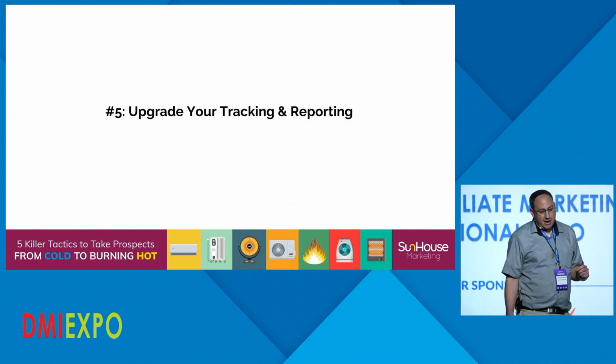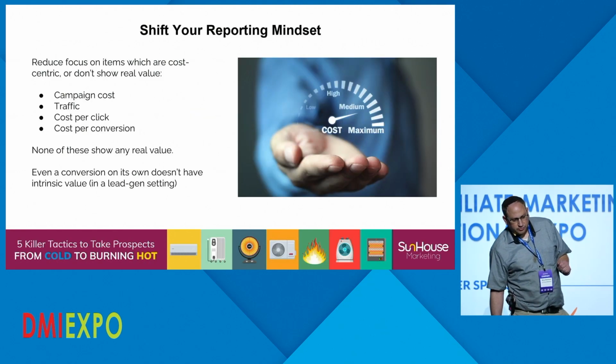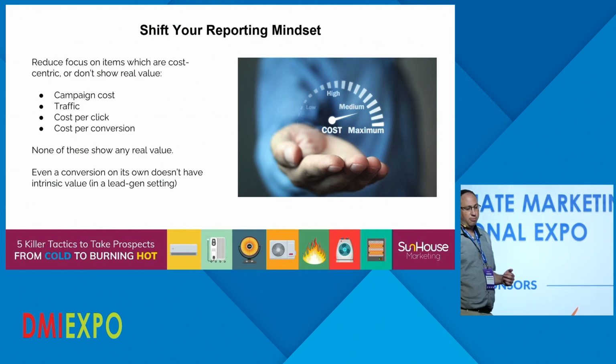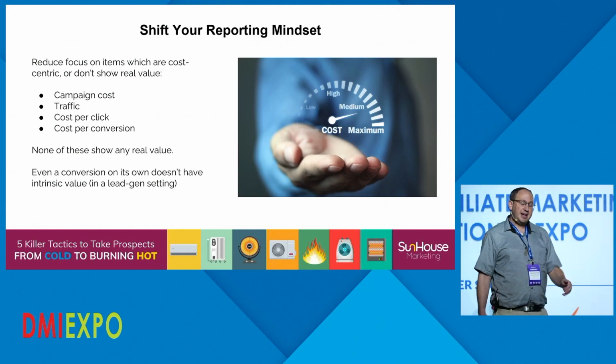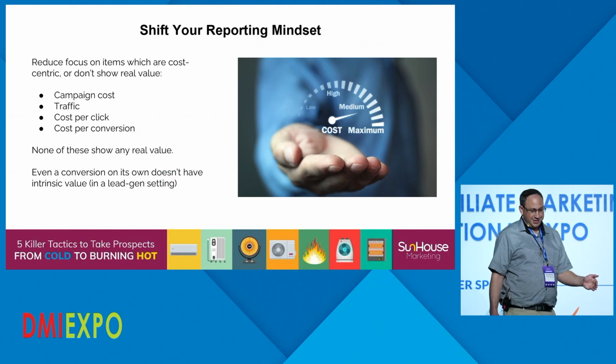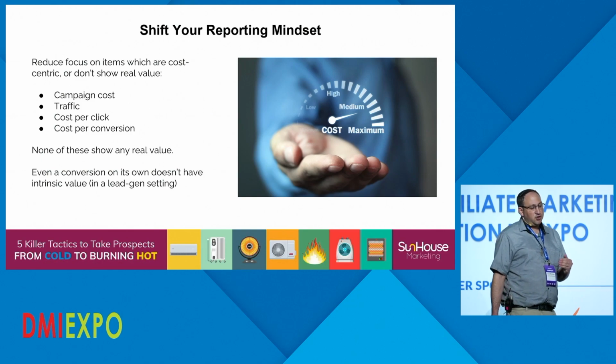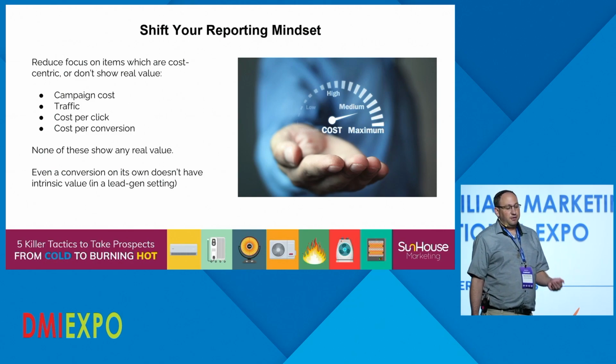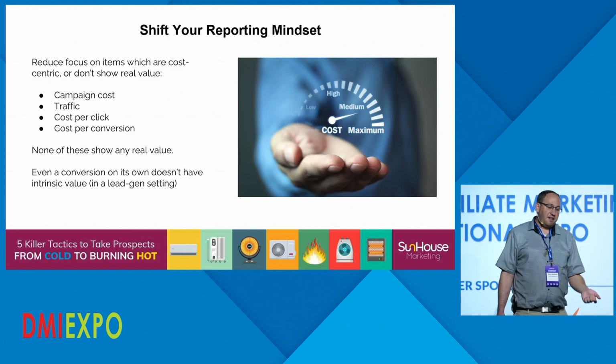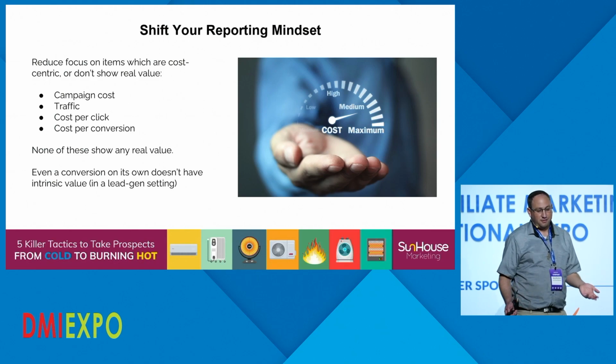Okay, and now let's talk about upgrading your tracking and reporting. Let's talk about shifting your reporting mindset. I'm not saying to not report on these things, but we want to move away from a focus on things that don't really show any real value. For example, campaign cost, traffic, cost per click, cost per conversion: none of this has any real intrinsic monetary value for your clients.